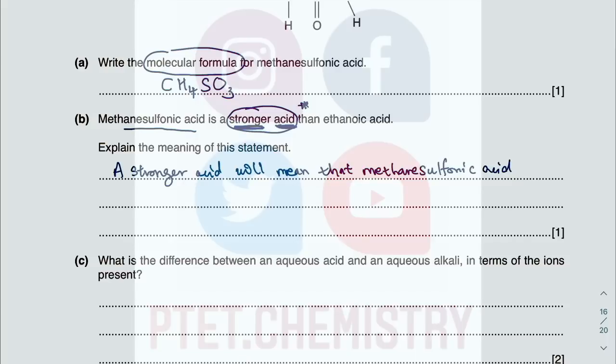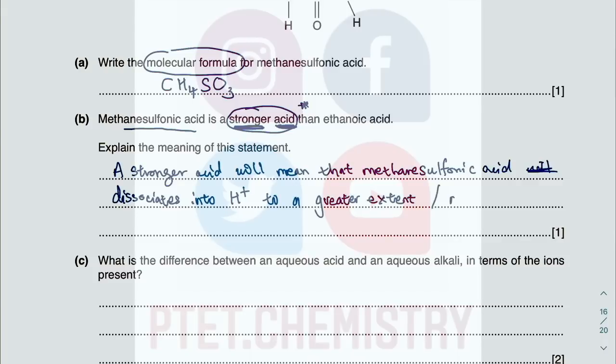Do you know your definition, or are you just memorizing randomly? When you understand a definition, that means you can apply it to an example, alright? It will mean that that acid itself will dissociate, or does dissociate actually, into H plus to a greater extent. Greater extent means much more, okay?